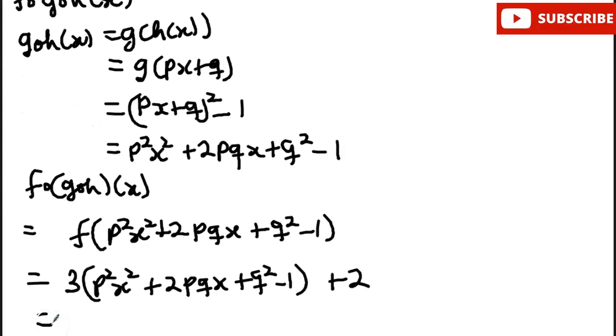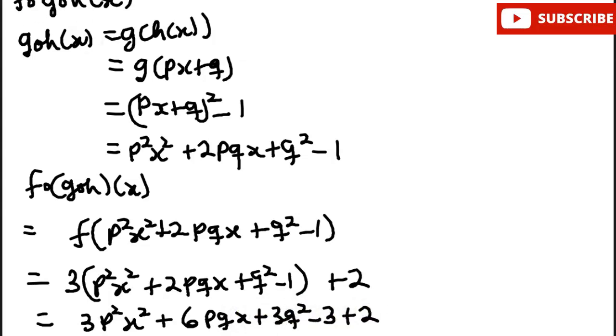So we have 3p squared x squared plus 6pqx plus 3q squared minus 3 plus 2.